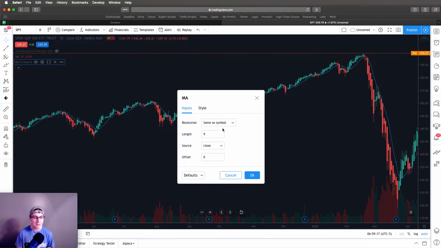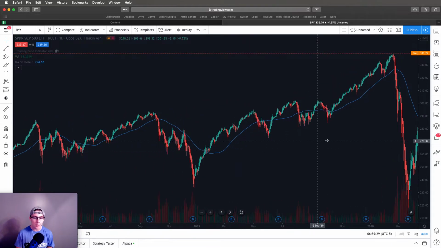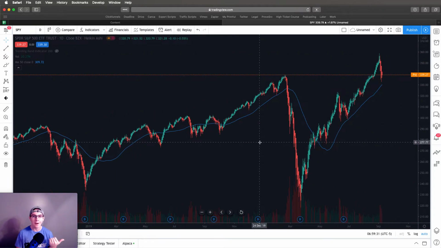If I come here to the settings of this moving average, there are two that are super important when watching trend, and that is the 50 as well as the 200. The 50 is going to be a bit quicker because it only looks back 50 days.